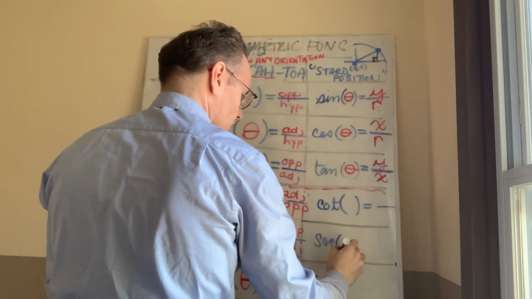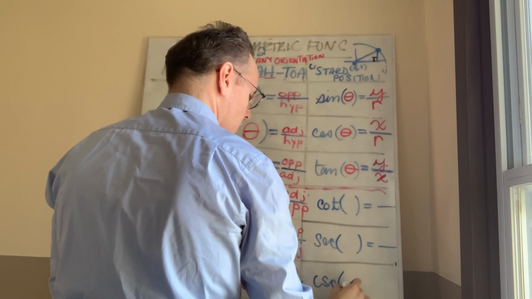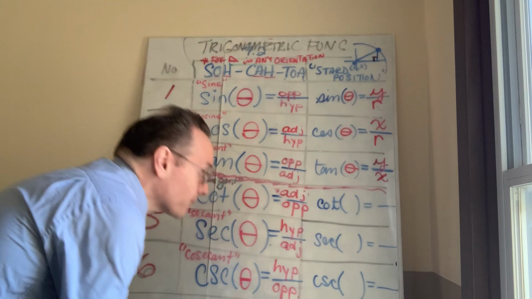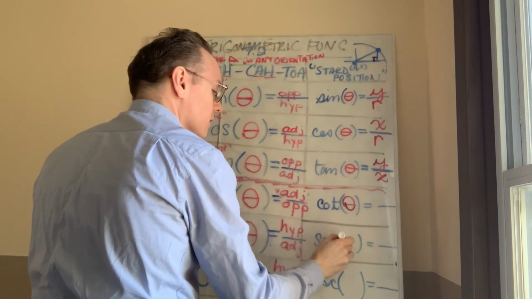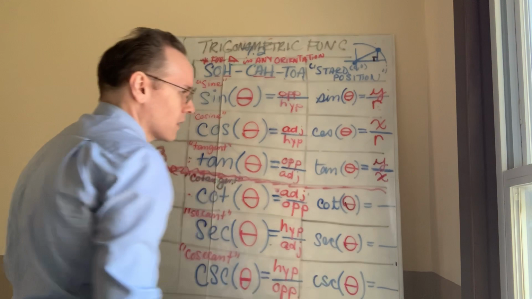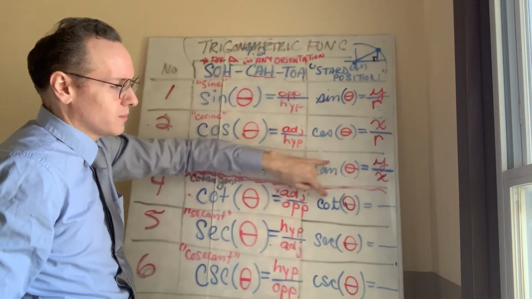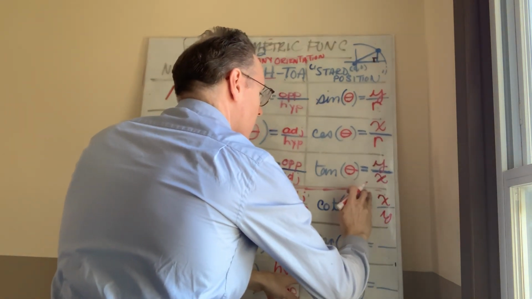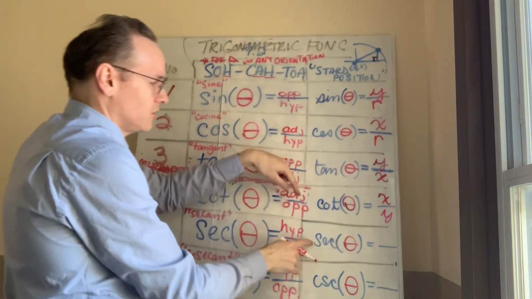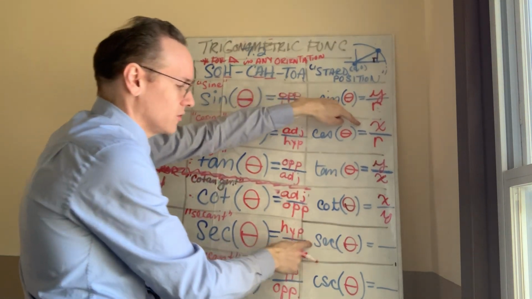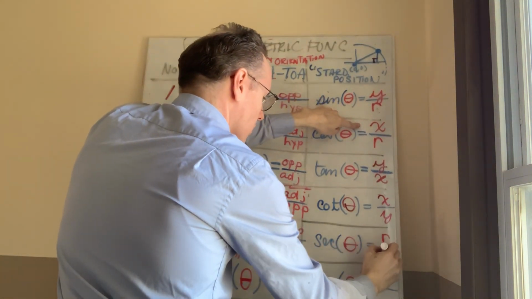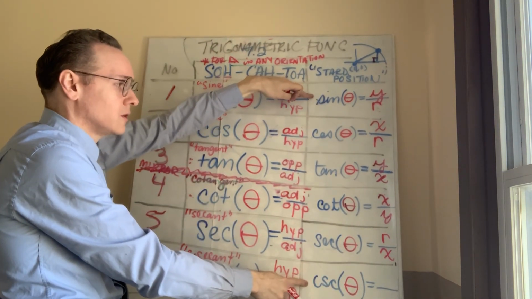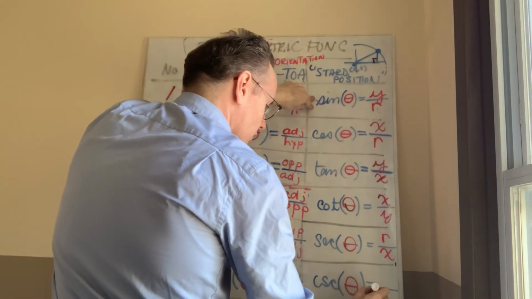This is what this would translate to. Theta, theta, theta. Cotangent and tangent being reciprocals, this fraction flipped upside down would be x over y. Secant and cosine are reciprocals, so this ratio would be r over x. Cosecant of theta and sine are reciprocals, so if it is y over r, it's r over y.